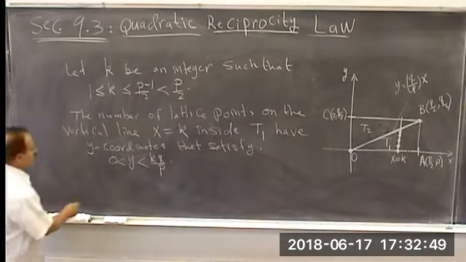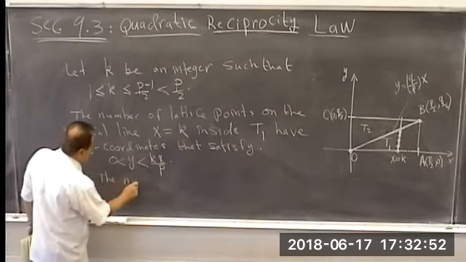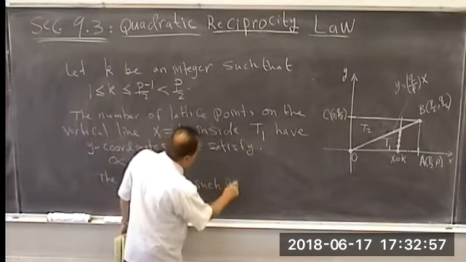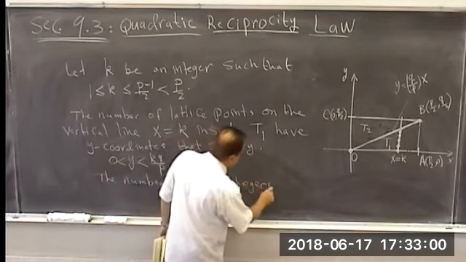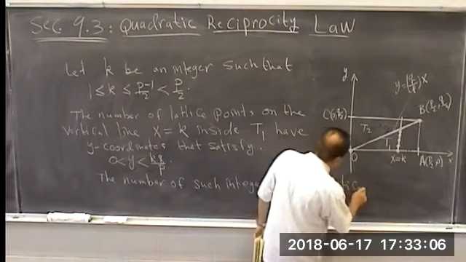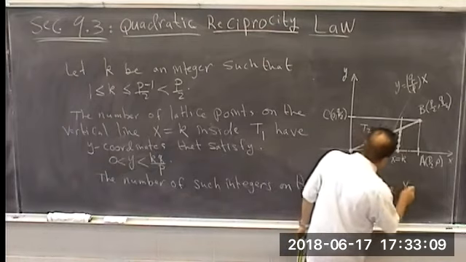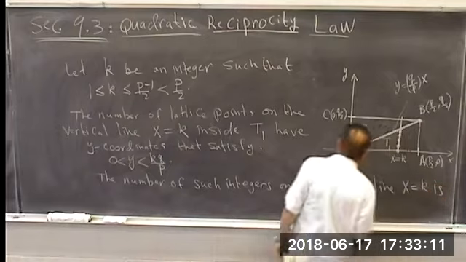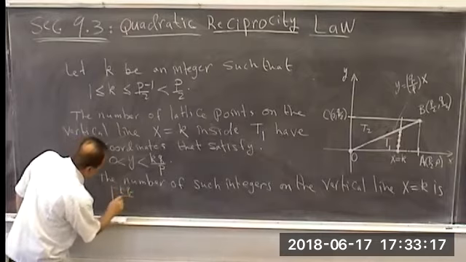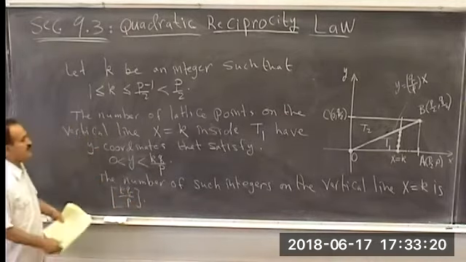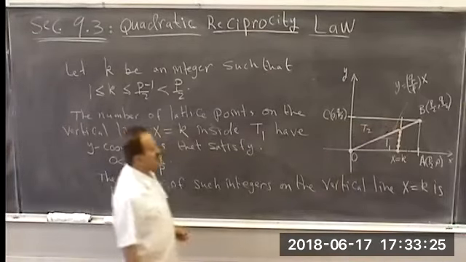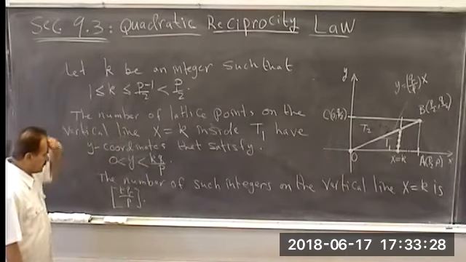So the number of such integers on the vertical line x equal k is the greatest integer of this. Okay, that is the largest, without being equal to the point which is not an integer, on the diagram.